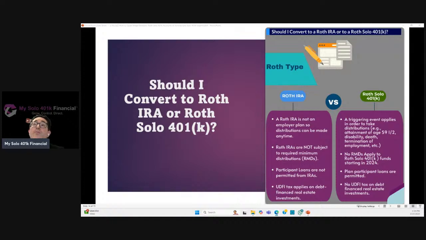More on those that want to invest in alternative investments. So there is a special advantage of Roth solo 401ks versus Roth IRAs for those that are looking to invest in real estate using debt, right, to leverage their investment.